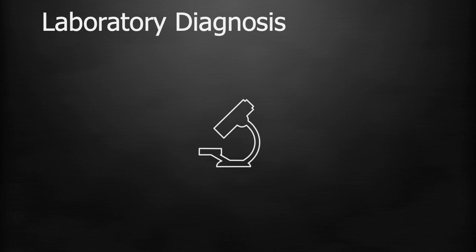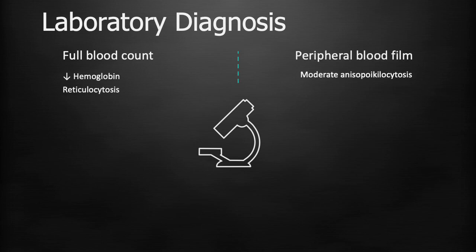However, in a crisis, the full blood count will have a low hemoglobin level and reticulocytosis, and the peripheral blood film may show contracted and fragmented cells with bite cells and blister cells, which have had Heinz bodies removed by the spleen.